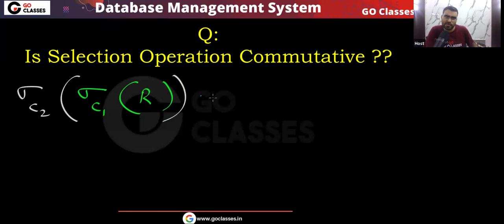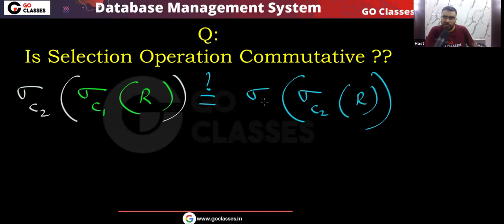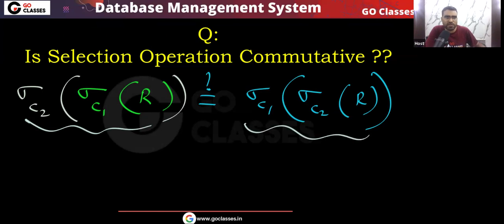Will it be the same as applying condition 2 first on R and then condition 1? Are you understanding the difference? On the table R, in one query I first apply condition 1, then condition 2, and in the other I first apply condition 2, then condition 1. Will they be the same?